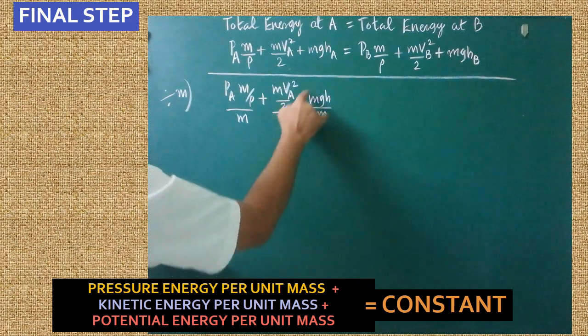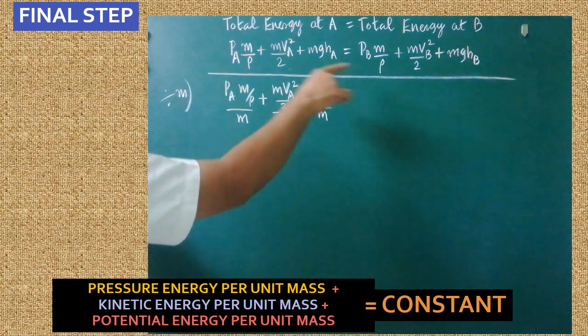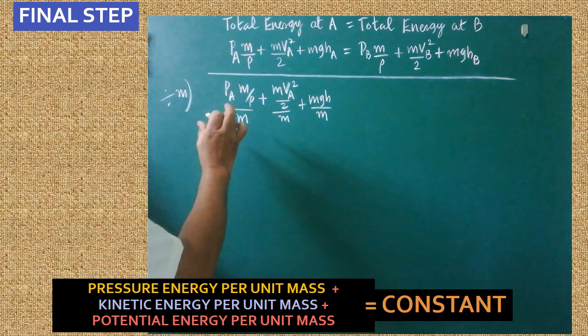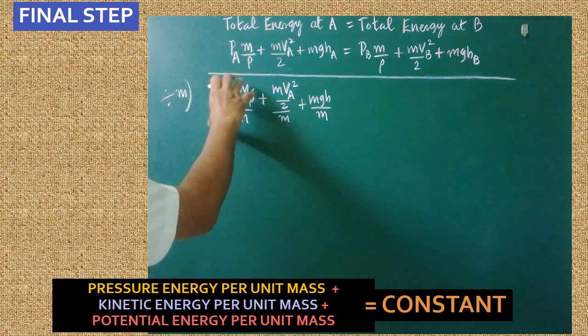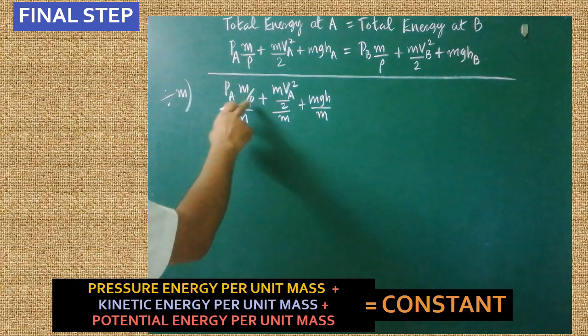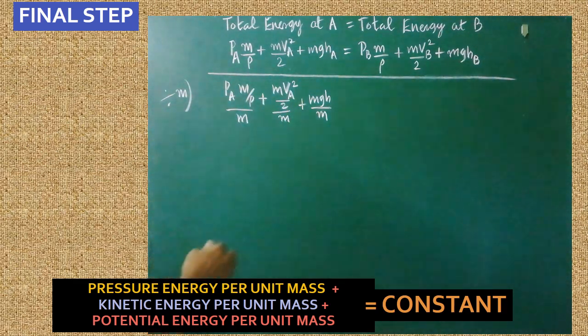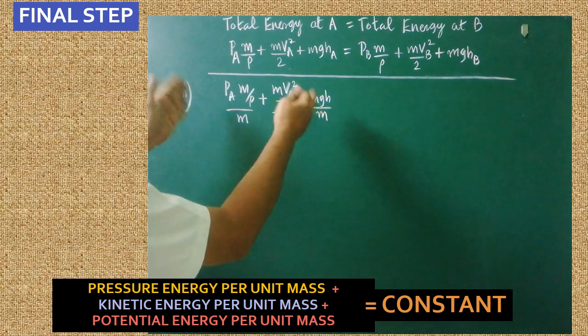This one gives you the potential energy per unit mass. Why is m divided in all terms? To get the kinetic energy, potential energy and pressure energy per unit mass, that is why each factor is divided by m. So for end A we have calculated.